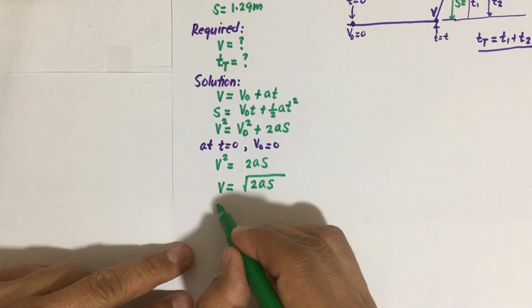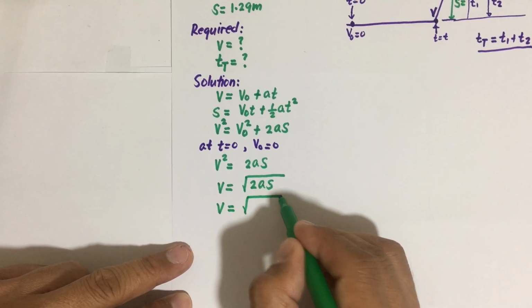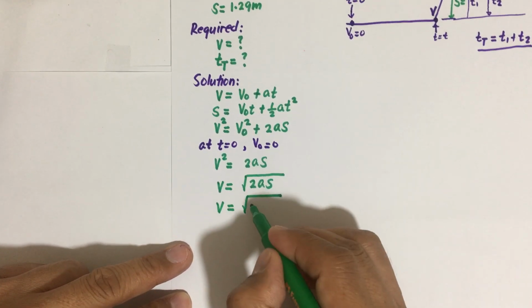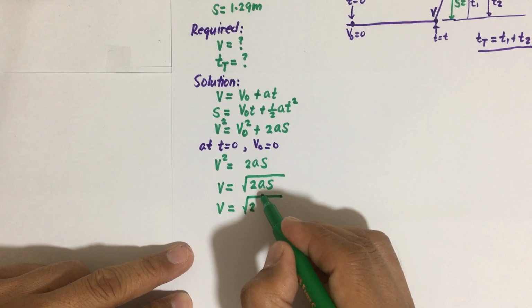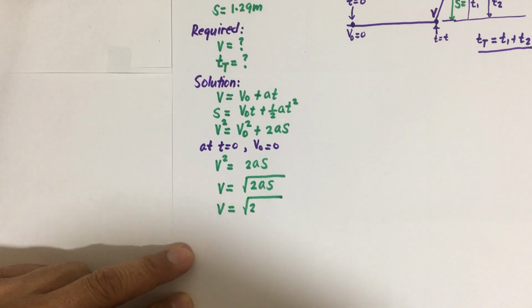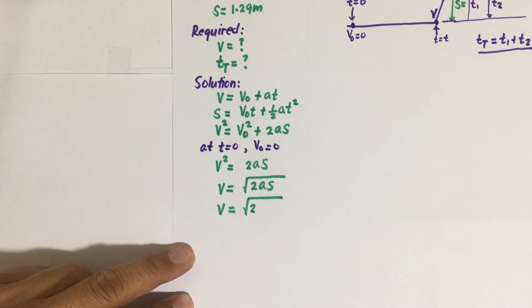Substituting the values, v is equal to the square root of 2 times a. What is a? Again, this is related to free fall.